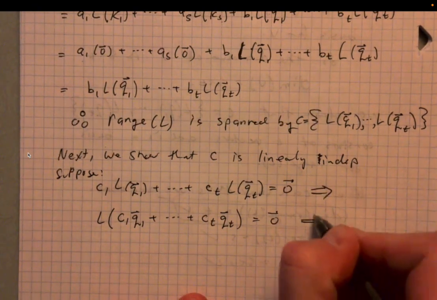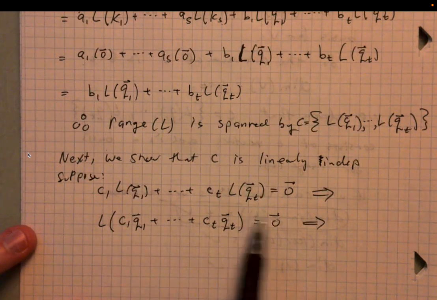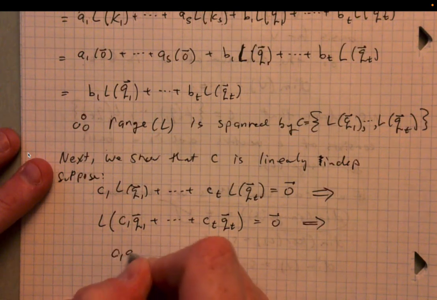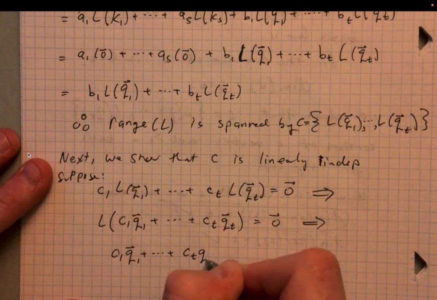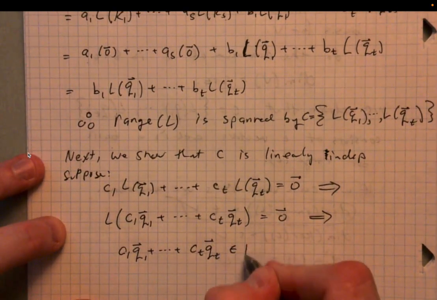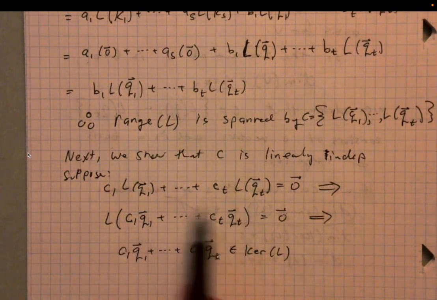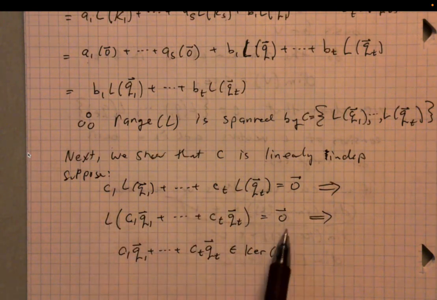Well, that implies that this linear combination, C1 Q1 plus ... plus CT QT, whatever that happens to be, is in the kernel of L. If this linear combination, when we transform it under L, equals 0, then by definition that means this linear combination is in the kernel.